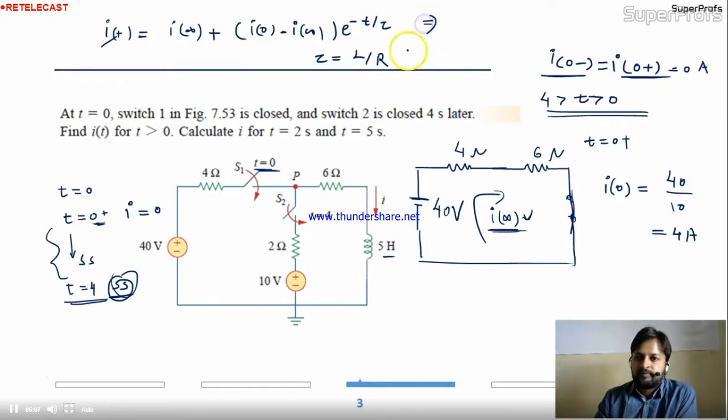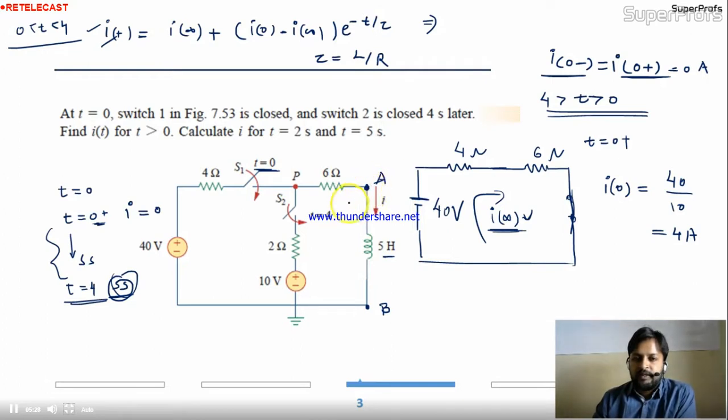Now we have to calculate I(t) in the region 0 to 4. Okay. So I need another thing, and that is tau. For tau I need L by R. I have L, I need R also. So to calculate R equivalent, we'll calculate it from A and B. Right.